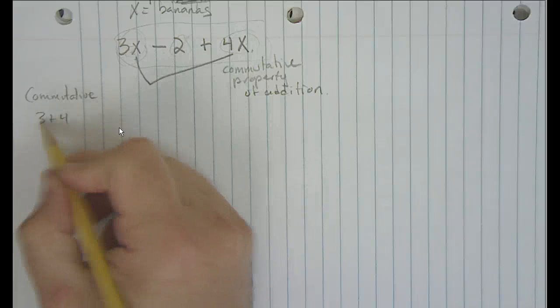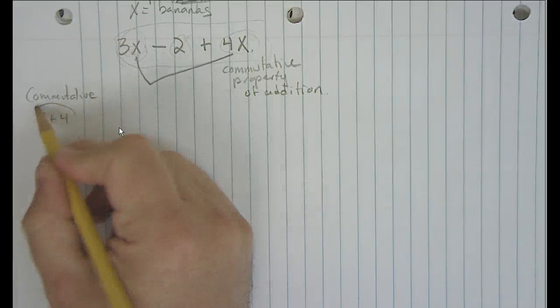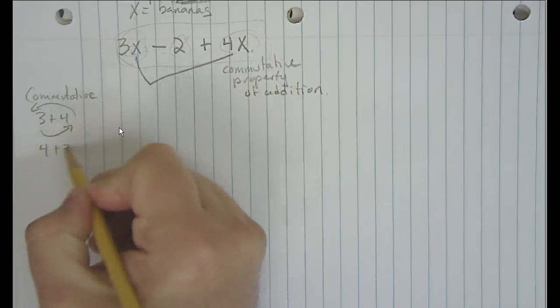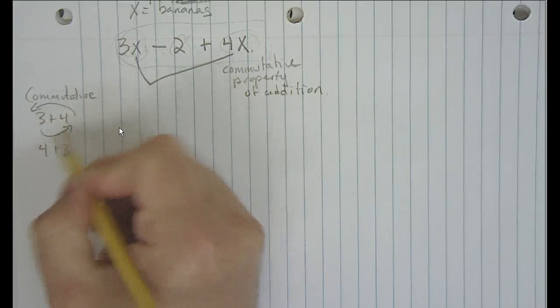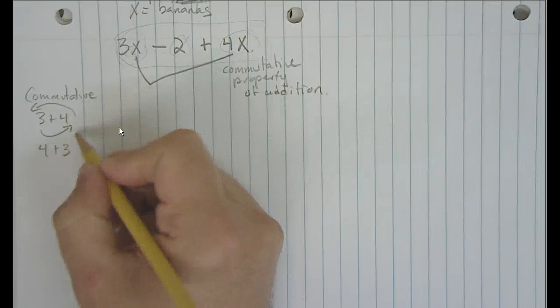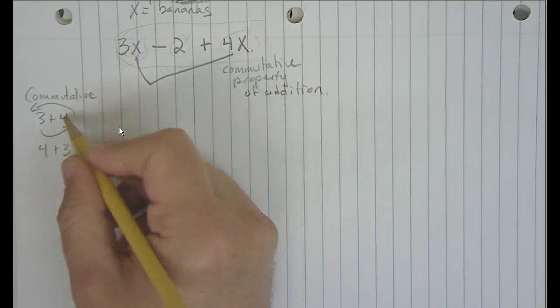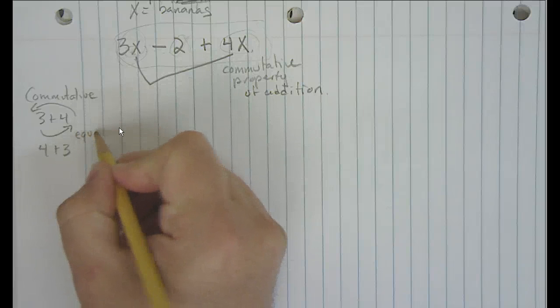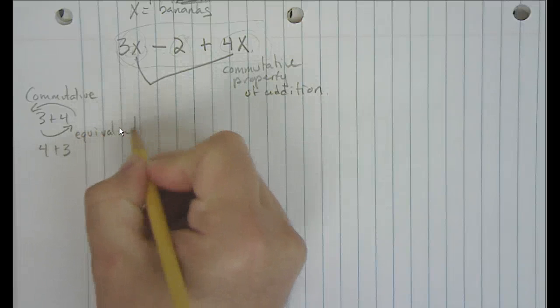Well, commutative says I could go 3 plus 4, or guess what? I could turn it around, and I could go 4 plus 3, just like a commuter. Go to work, come home. So here we're going to switch around from 3 plus 4 to 4 plus 3, and these 2 expressions are equal to each other. They are equal, or what we call equivalent expressions.